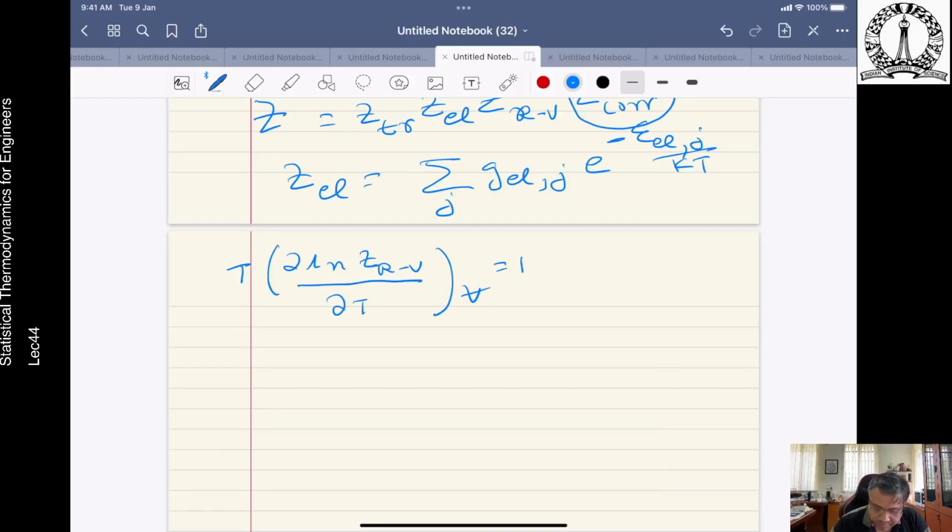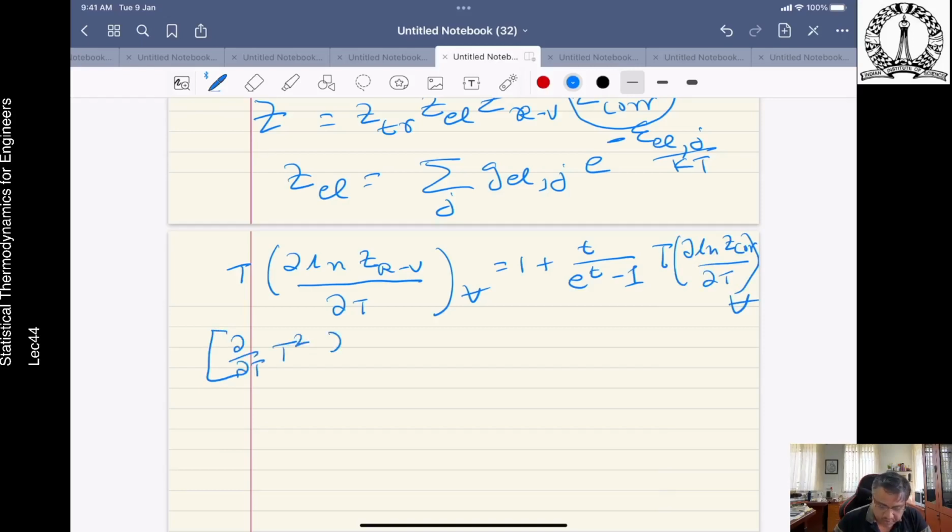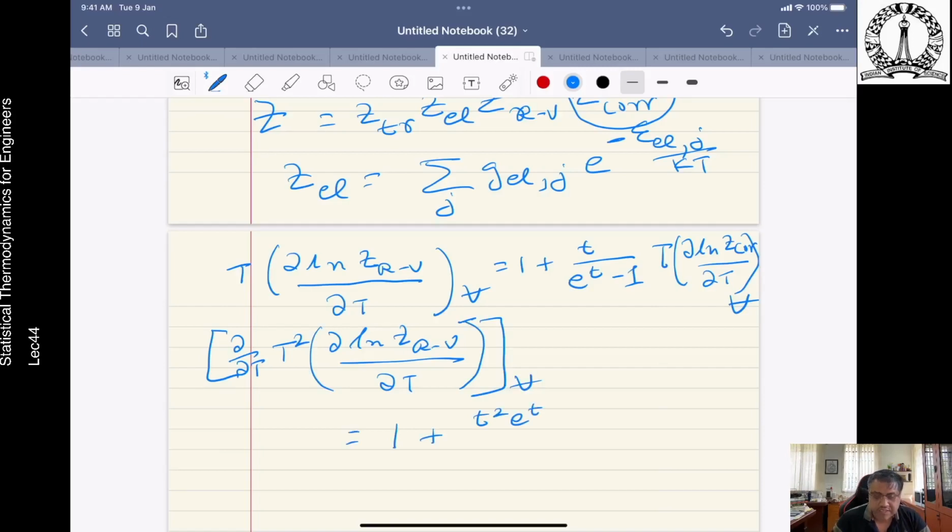This is given as 1 plus T by dT of the correction, d ln Z correction divided by dT at constant V. Okay, and then of course you have T squared d ln Z RV by dT at constant V is equal to 1 plus T squared e to the T by e to the T minus 1 squared plus d by dT squared of Z correction divided by dT.